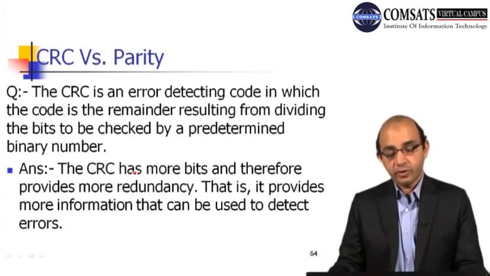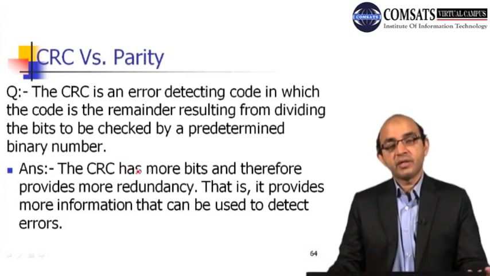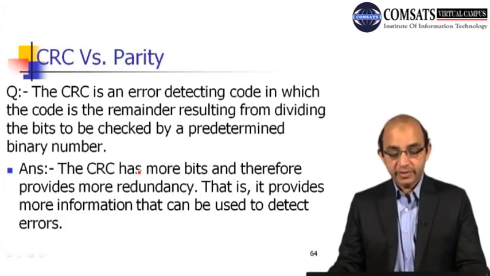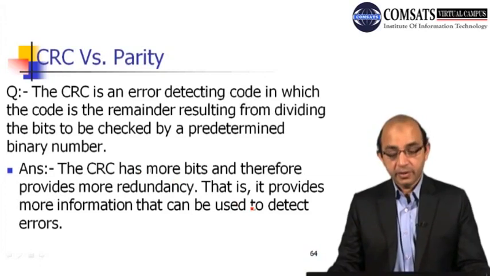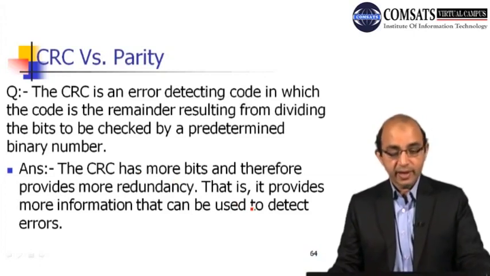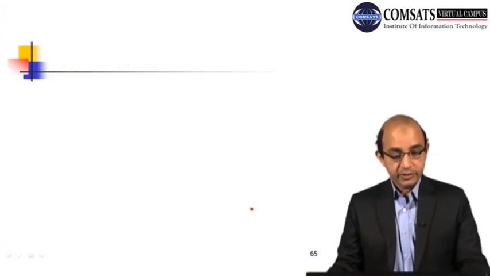On the other side, CRC introduces more redundant bits, so it carries more information alongside the code, and we are in a better position to detect errors. So this is the comparison.